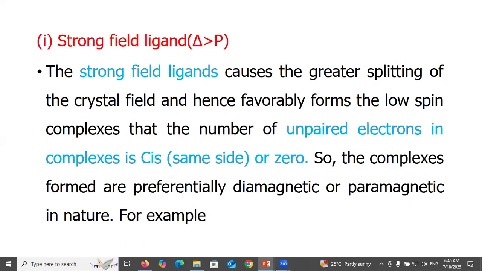Strong field ligand, where delta is greater than P. Strong field ligands cause greater splitting of the crystal field and hence favor the lowest spin complex, so the number of unpaired electrons in the complex is the least or zero. So the complexes formed are preferentially diamagnetic or weakly paramagnetic in nature.